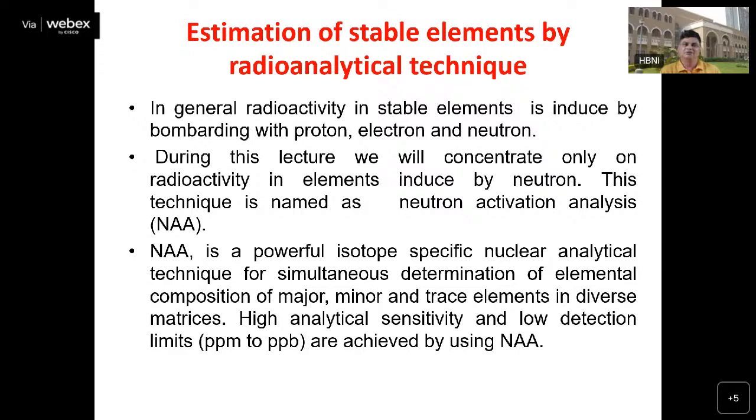Neutron activation is a powerful isotope-specific nuclear analytical technique for simultaneous determination of the elemental compositions of major, minor, and trace elements in a diverse matrix. It is highly sensitive, and low detection limits can be achieved.